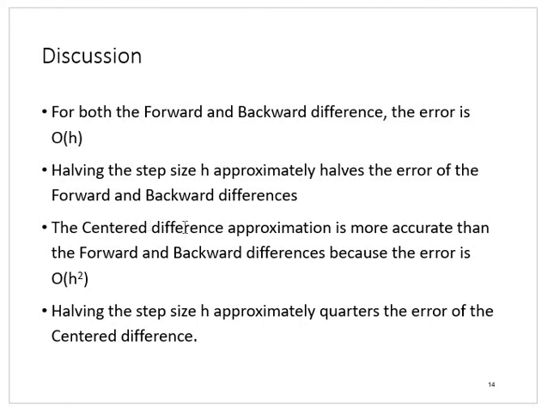And then the central difference approximation formula is more accurate than the backward and the forward difference formula, and the error term is O(h squared), of order 2, and halving the step size h approximately quarters the error of the central difference formula. Thank you.